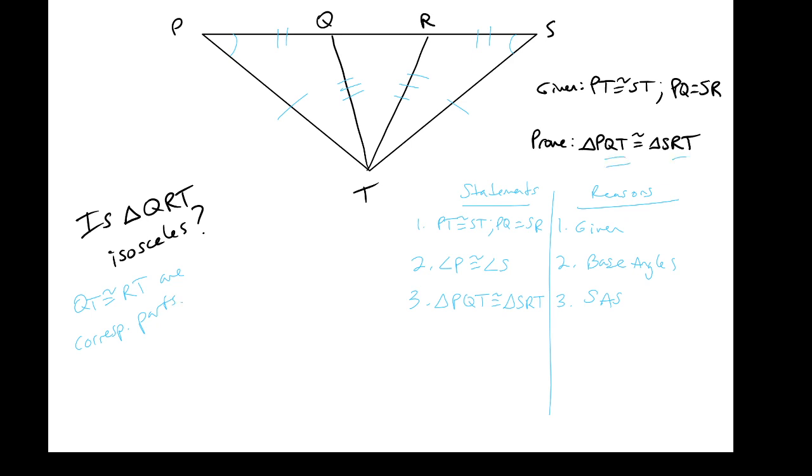QT, second and third, RT, second and third, after we've already proven those triangles to be congruent. So now that we've actually proven those two outside triangles, QT and RT are congruent, which means triangle QRT, by definition, is isosceles, because at least two of the sides are congruent.